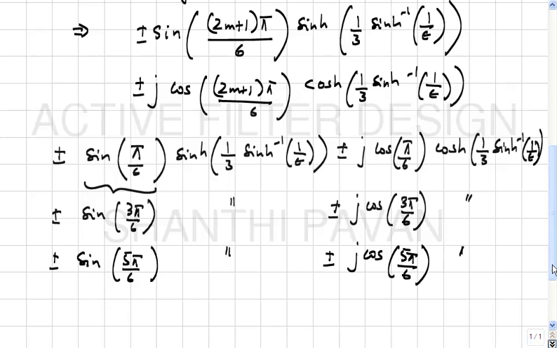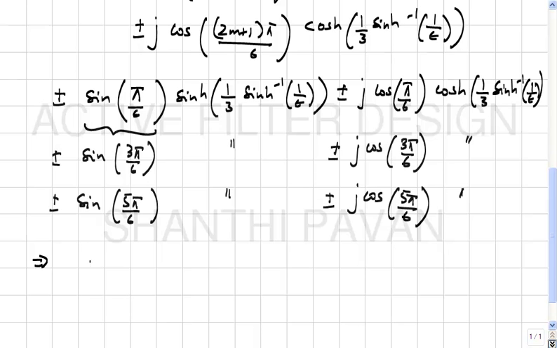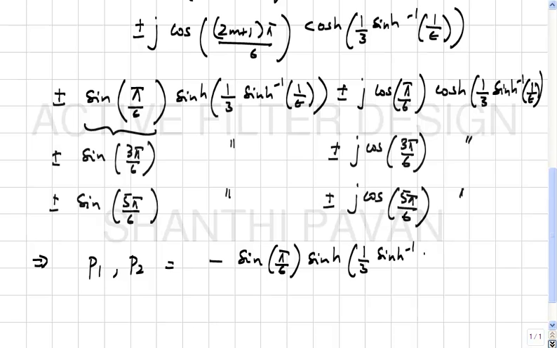So the poles that you want are P1 and P2, which are minus sine pi by 6. You want a negative real part, sinh of 1/3 sinh inverse of 1 by epsilon, plus minus j cos pi by 6 cosh of 1/3 sinh inverse of 1 by epsilon.